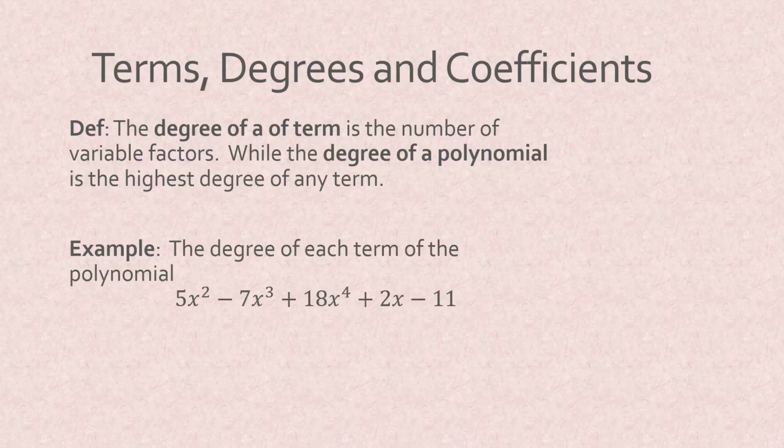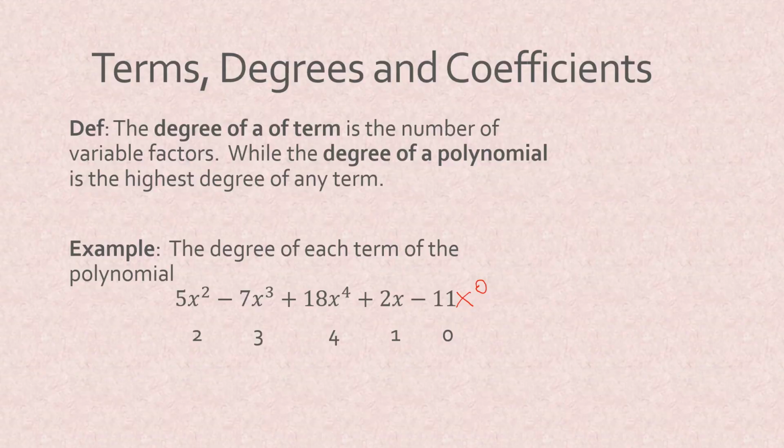So for example, the degrees of each of the terms of the polynomial are: 5x squared, which has degree 2 because of the 2; negative 7x cubed, which has degree 3 because of the 3; the 18x to the fourth, which has degree 4 because of the 4; the 2x to the first, and therefore is a first degree term; and then the negative 11, which is degree 0 because it is x to the 0.